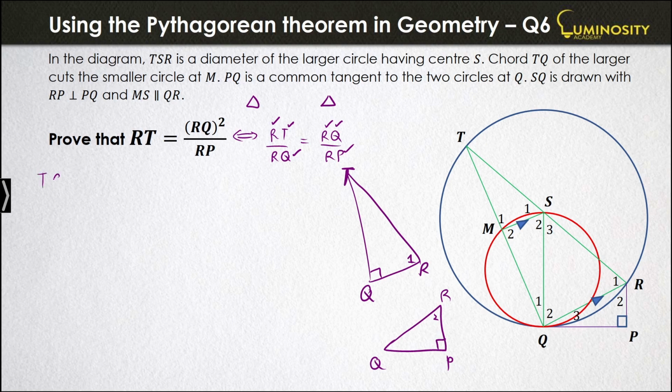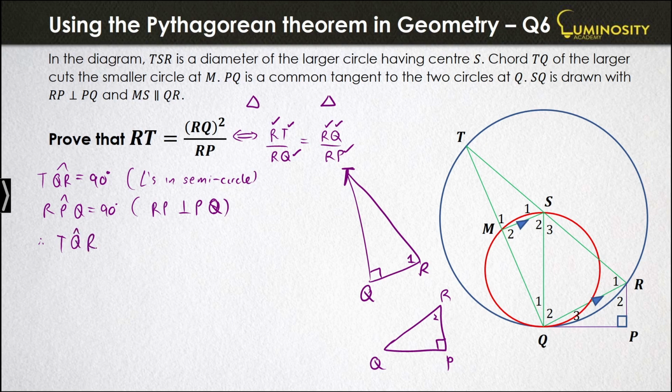So I can say that angle TQR is 90 degrees, from angles in a semicircle. I can also say that angle RPQ is 90 degrees, and that was given because RP is perpendicular to PQ. Therefore we have angle TQR equals angle RPQ. We've shown that those two angles are equal.